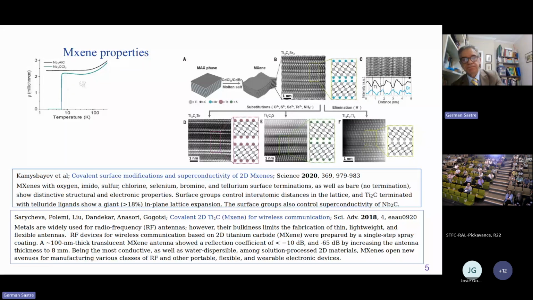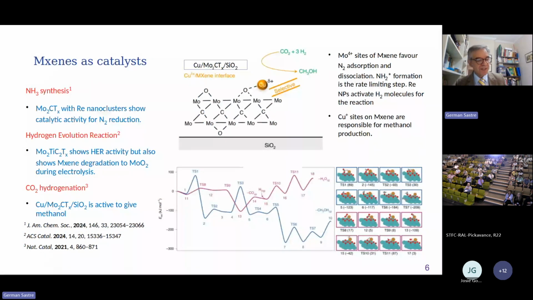But now, MXenes as catalysts is not so straightforward, that they are good catalysts, and this is something that still needs abundant research. There are many groups working on that. So I selected from a few works just to introduce you what I think is, let's say, a promising way in which MXenes can be tuned as perhaps good catalysts.